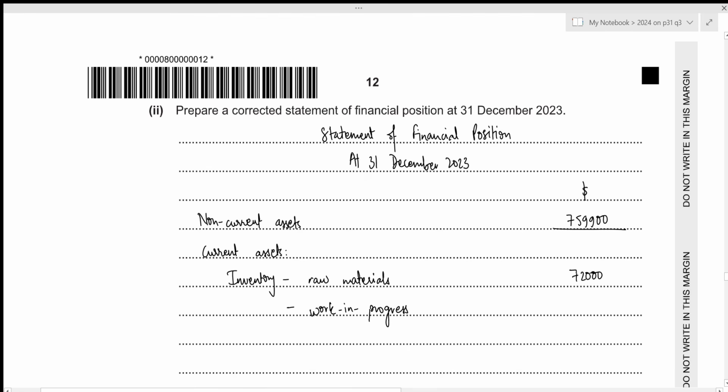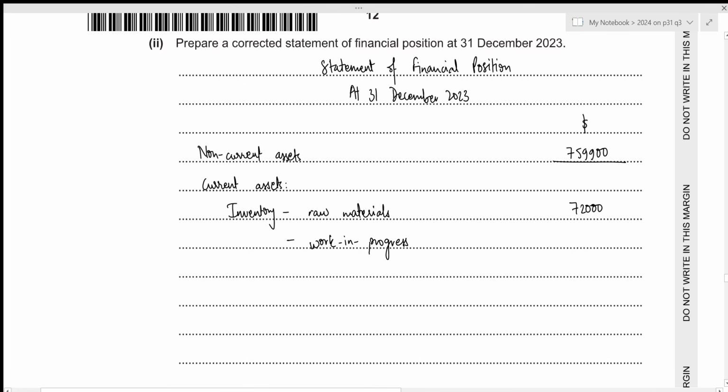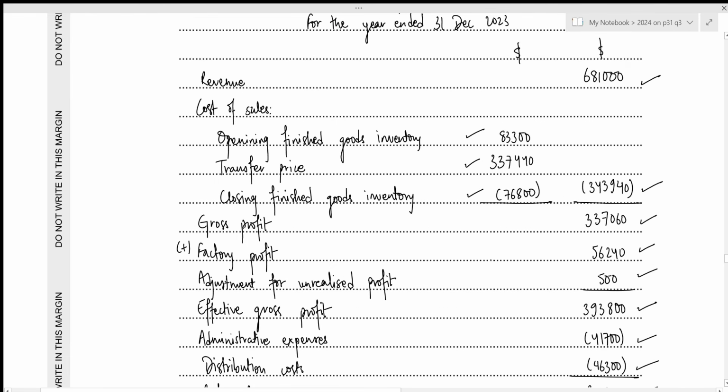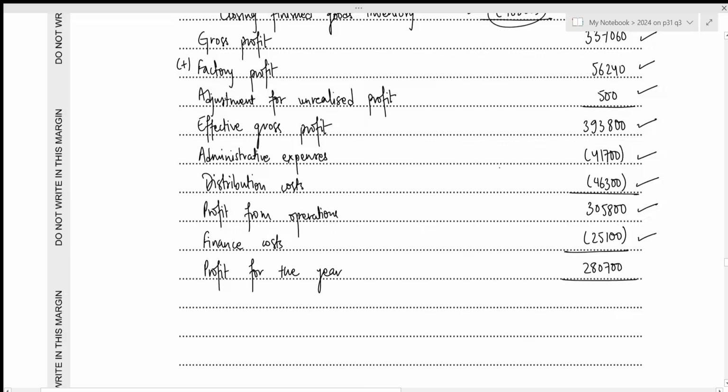So we added the 2,000 back, which gave us a new amount of 11,800. Then we have our finished goods. So we first need the finished goods at transfer price. Okay. The closing finished goods at transfer price was 76,800. Let's write it down.